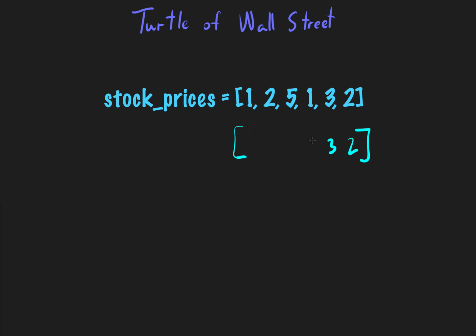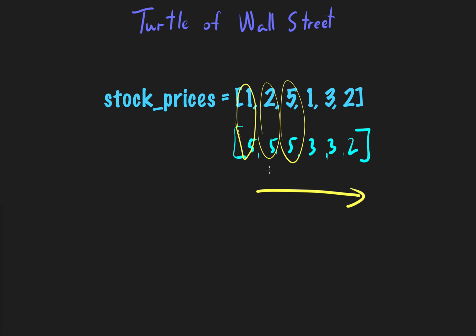Now it's 3, 3, 5, 5, 5. So like this, right? And after we're done constructing the max stock prices, we can iterate again from left to right and just calculate these, right? 5 minus 1 is 4, and so forth. So this would be another viable solution.